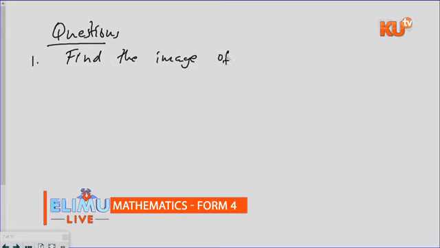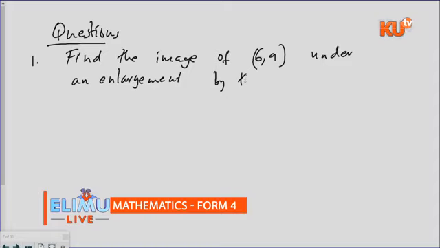we want to start with a very simple case. In this case, you are told to simply find the image of 6, 9 under an enlargement given by the matrix T 2, 1, 4, 3.